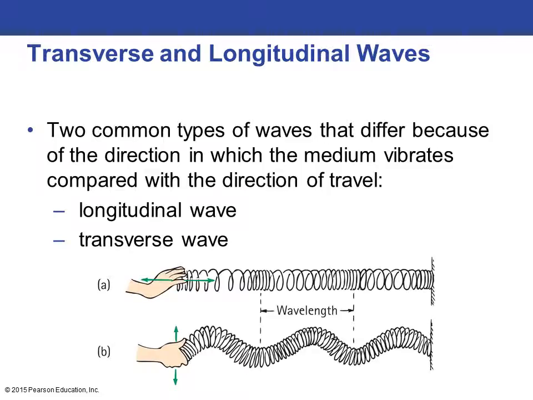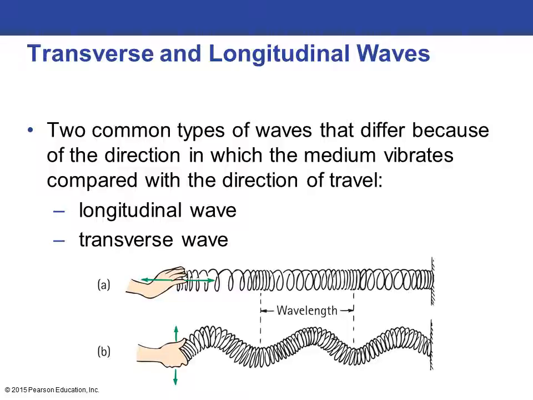Two common types of waves are transverse waves and longitudinal waves, and these differ in the direction in which the medium vibrates compared with the direction of travel. So if you were to think of holding a slinky on a wall and moving your hand, in this first picture here, in toward the wall and away from the wall, pulling your hand back and forth, that wave would be called a longitudinal wave.